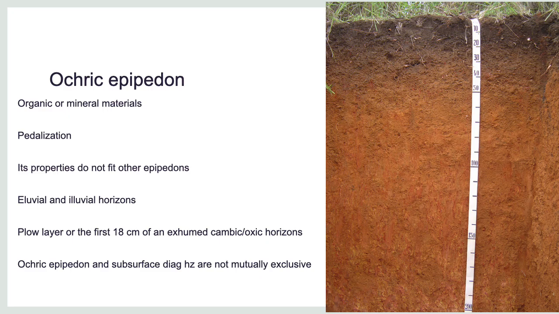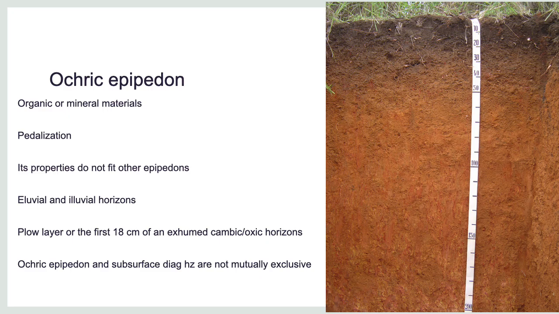I need to try all of them, melanic too, before thinking. Okay, this specific horizon cannot be classified as any of the other epipedons. So in this case, I will check the possibility of the ochric epipedon. You need to consider that the ochric epipedon is always your last option, your last chance to classify the topsoil. Okay.